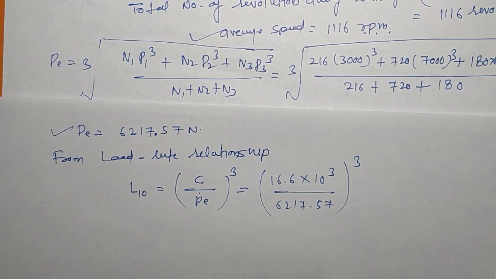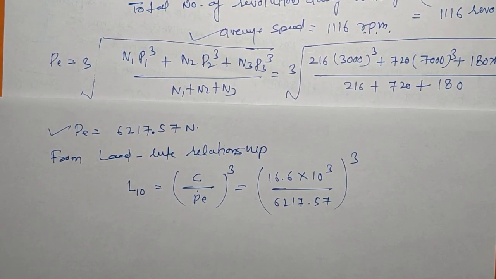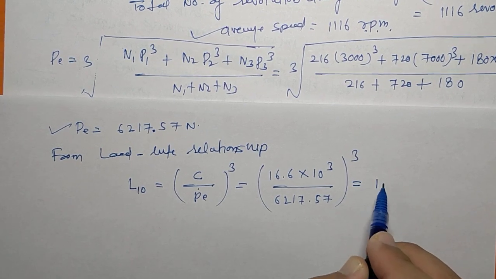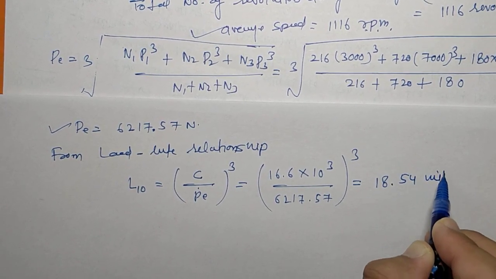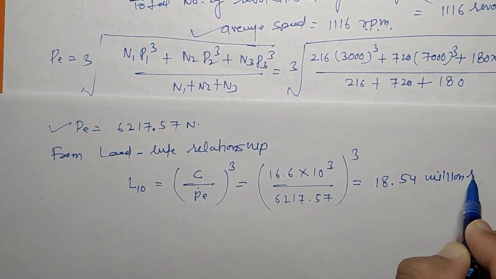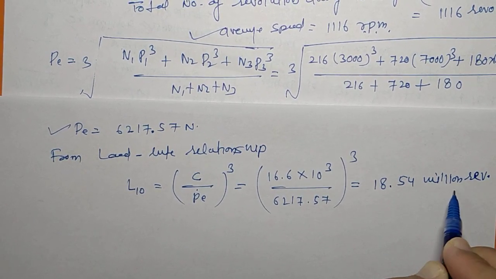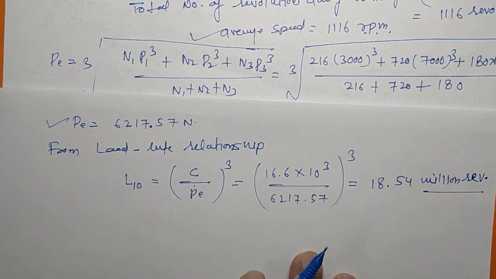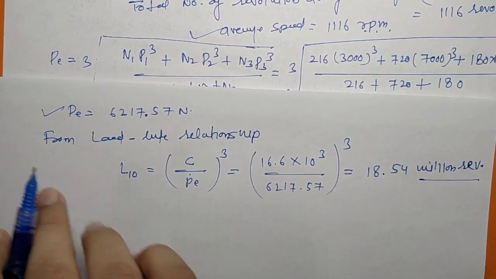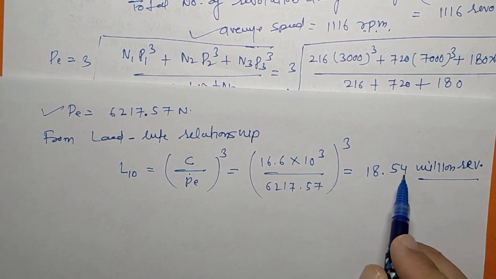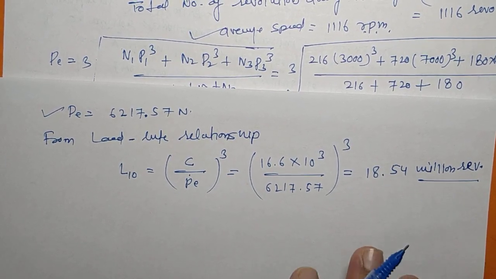If we solve this, it would be 18.54 million revolutions. So this is the L10 life, meaning 10% of bearings will fail after 18.54 million revolutions.